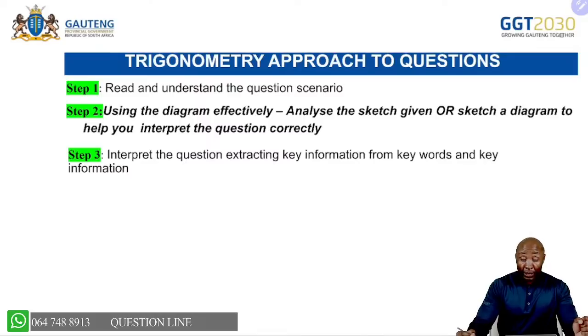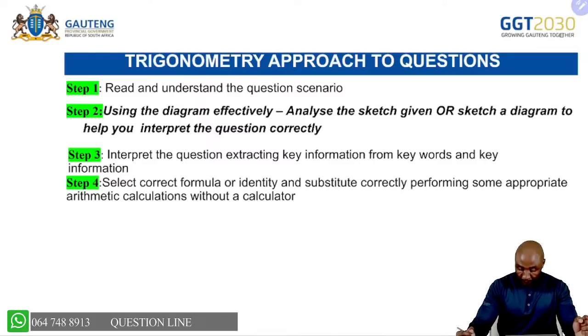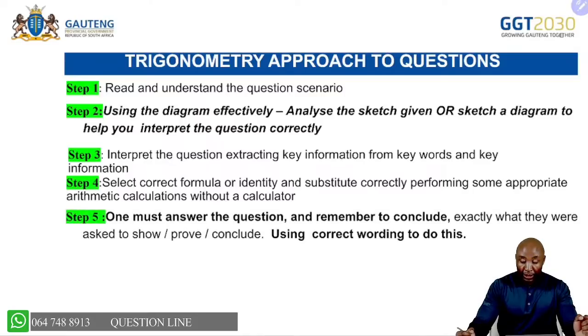You interpret the question, extracting key information, words, etc. You select the correct formula or identity and substitute correctly, performing the correct arithmetic calculations without a calculator to check if it makes sense in most cases. Remember, you must always answer the question and remember to conclude according to what you are supposed to do.